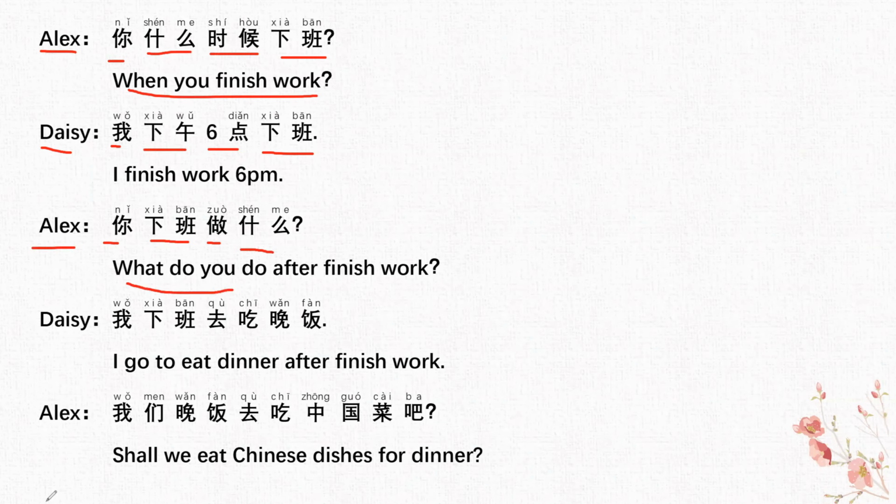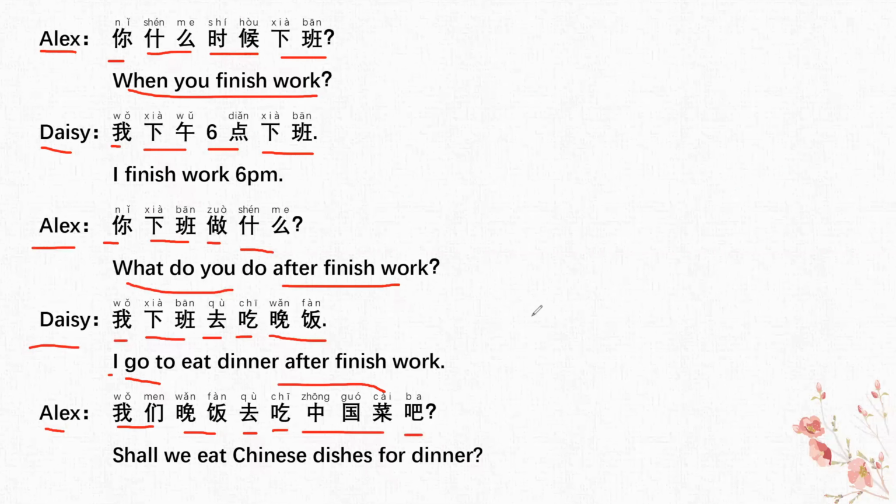What do you do after finishing work? Daisy, 我下班去吃晚饭. I go to eat dinner after finishing work. Alex, 我们晚饭去吃中国菜吧. Shall we eat Chinese dishes for dinner?